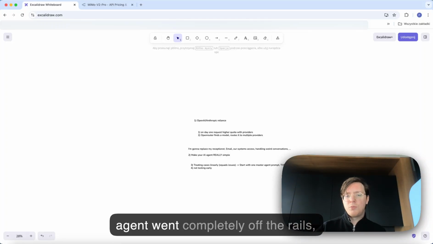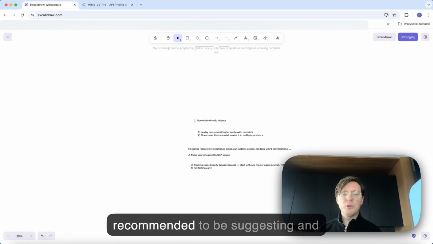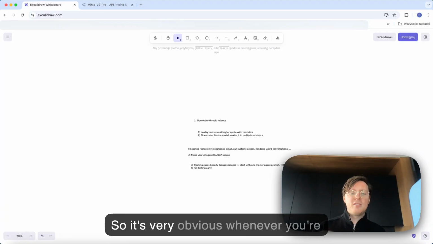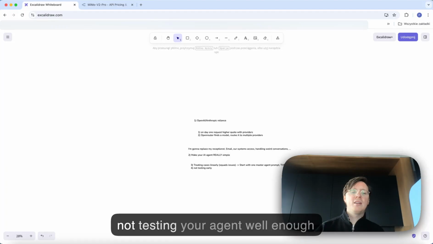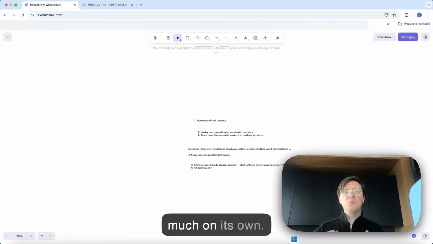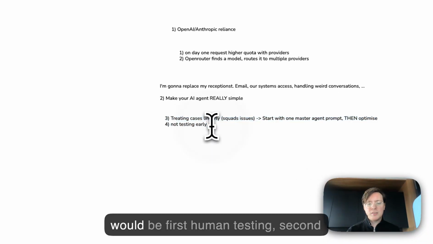And then the agent went completely off the rails, suggested something that it was not recommended to suggest, and so on and so forth. So it's very obvious whenever you're not testing your agent well enough, and whenever it's doing probably too much on its own, right?